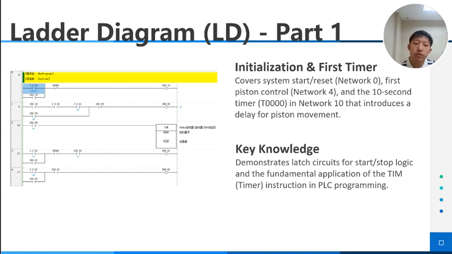Network 4 handles the control for the first piston's action, and network 10 has the first timer T000000 set for 10 seconds, which controls the timing of the piston's extension or retraction. This part is critical for understanding how to use basic timer instructions in PLC programming.